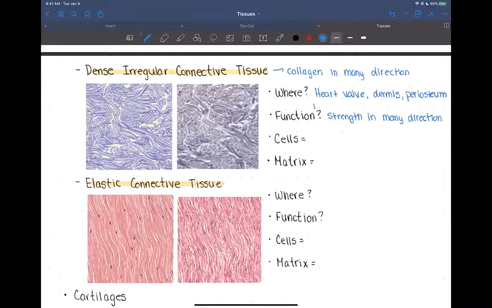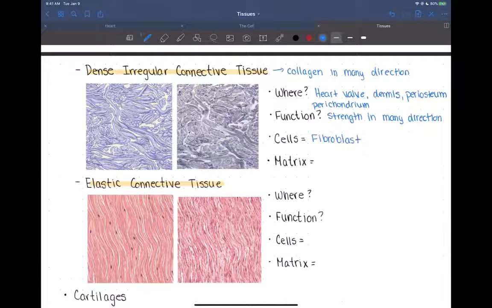All right, so the covering on cartilage, the perichondrium, is also going to be made of dense irregular connective tissue. Okay, so it provides strength in many different directions. It's going to be chock full of collagen fibers, just like the dense regular. So it's going to need a lot of fibroblasts.